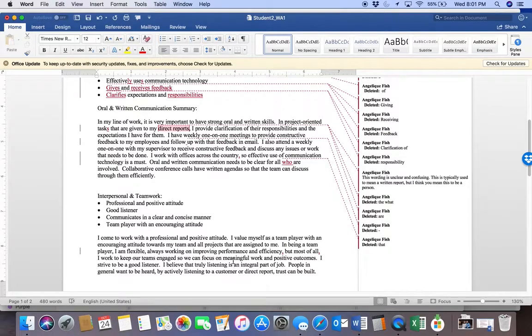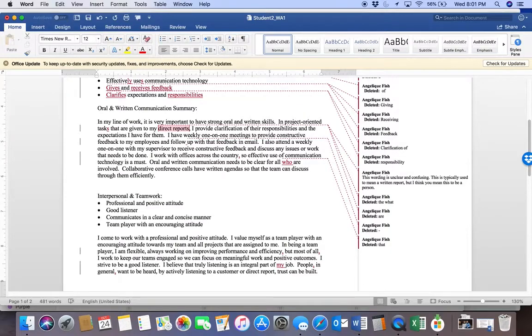I believe that true listening is an integral part of a job or my job, either one. People in general, comma, around words or phrases that are non-essential, want to be heard by actively listening to a customer or a direct report.